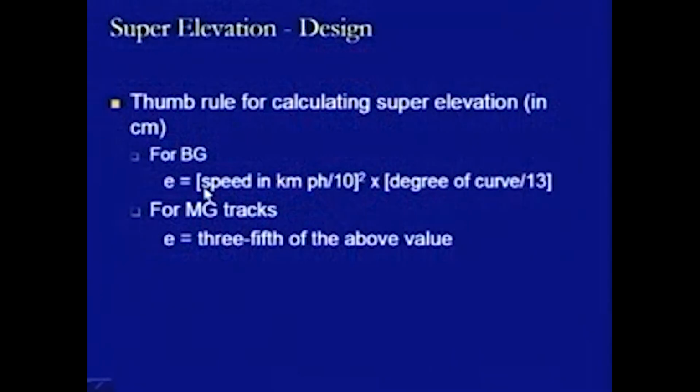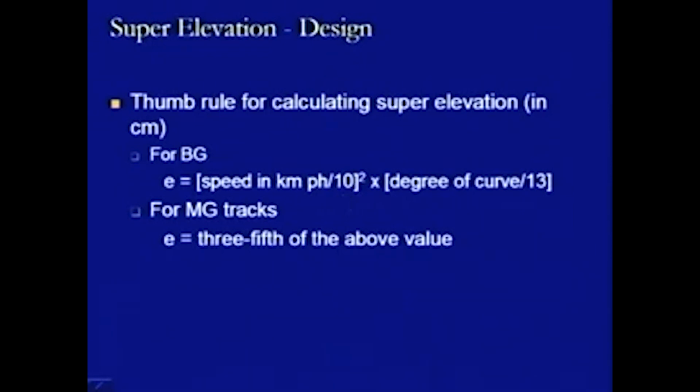Now, there is another way of finding out the value of the super elevation in the field. There is a thumb rule for calculating it, and this will give the value in centimeters. In the case of broad gauge, it is given as speed in kilometers per hour divided by 10, squared. As we have seen in the previous case, the speed was 80.